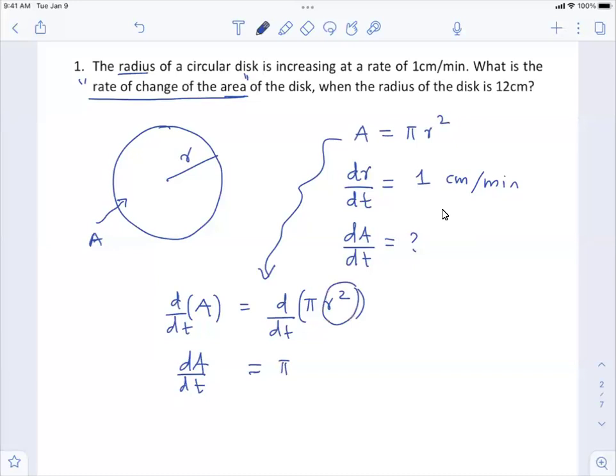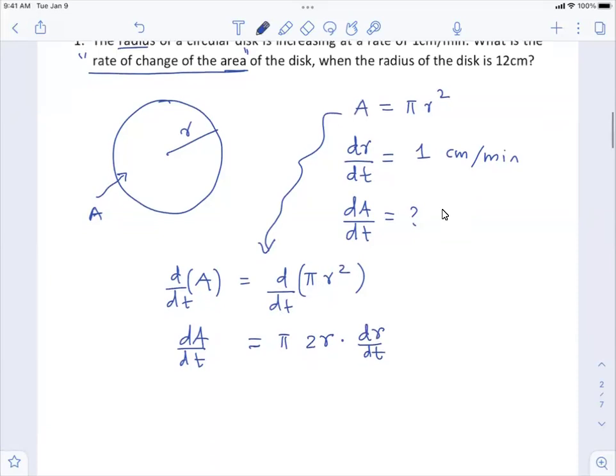And then when you differentiate r squared with respect to t, there's a mismatch of variables. That's exactly when we would employ the chain rule. So first differentiate with respect to r, so that becomes 2r, and then dr/dt. This is the first layer of the chain rule, and this is the second layer of the chain rule for the inner function.